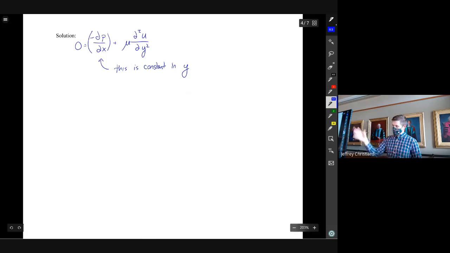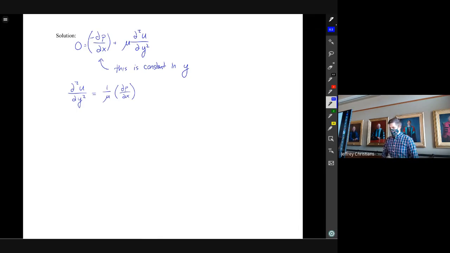Let's get all the constants to one side to make our integration lives a little bit easier. So that would be d squared u/dy squared. We would add dp/dx to both sides and then divide by mu. So this will be equal to 1 over mu times dp/dx.